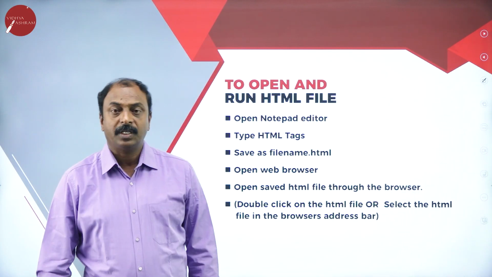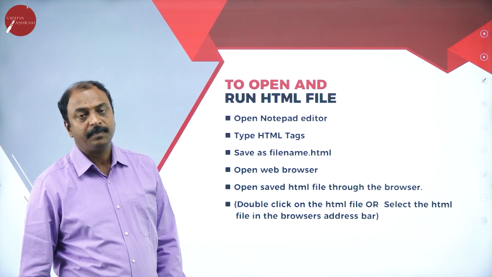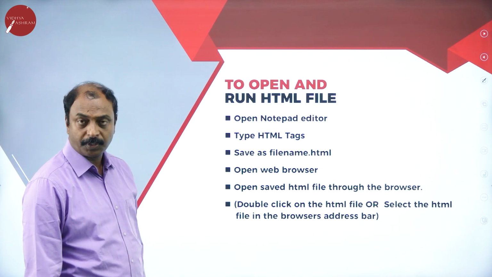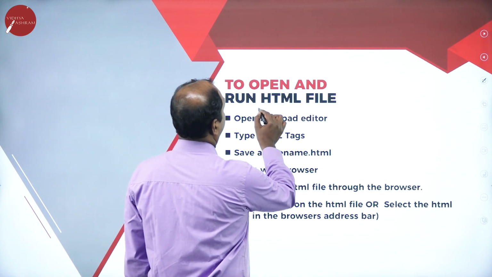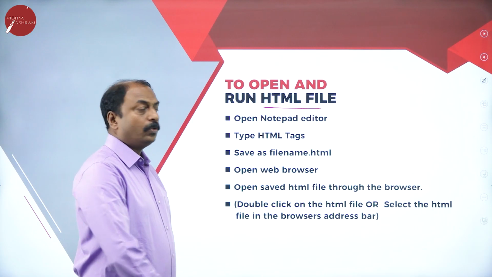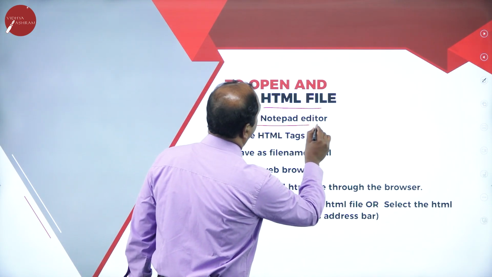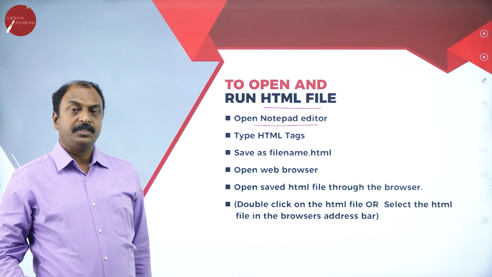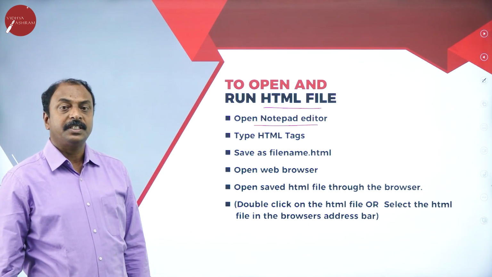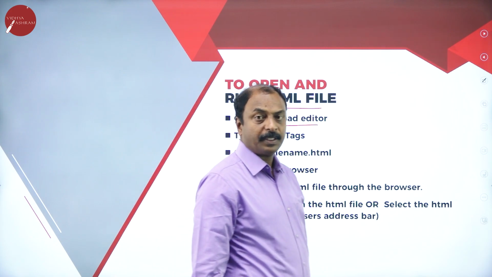Now let us see how to start working with an HTML document or HTML program. This is how to open and run an HTML file. To work with an HTML document file, the first step is to open the Notepad editor. Normally in C++ programming, we have a C++ editor to write a C++ program.